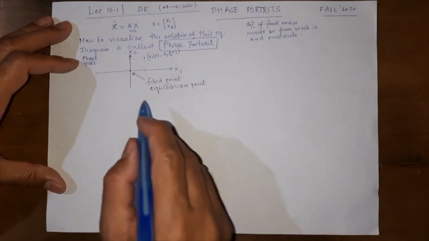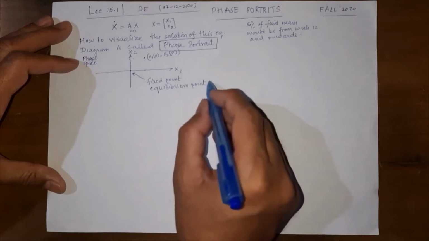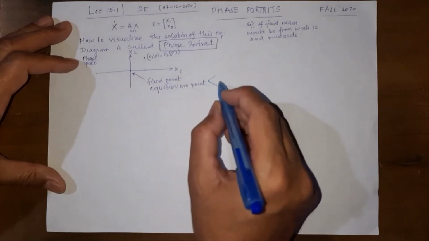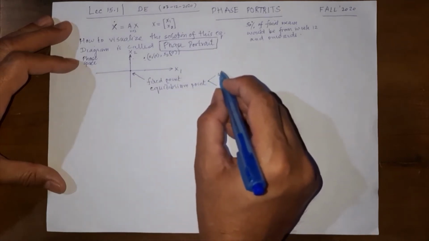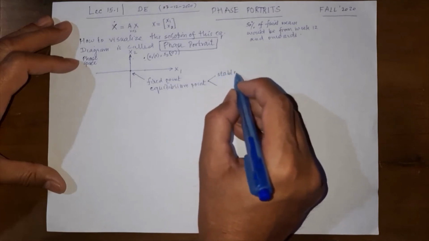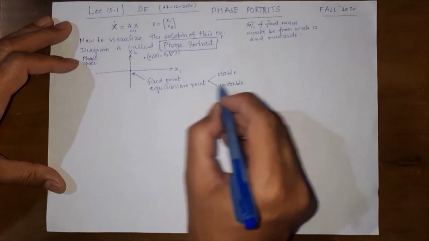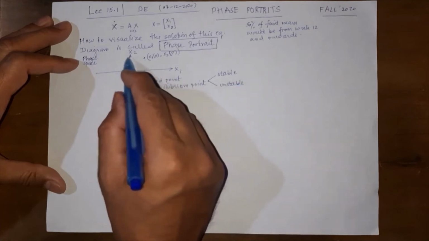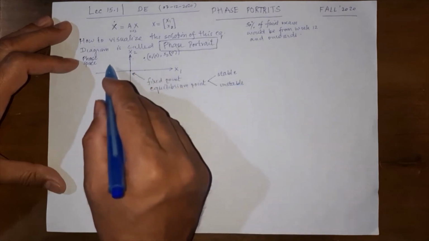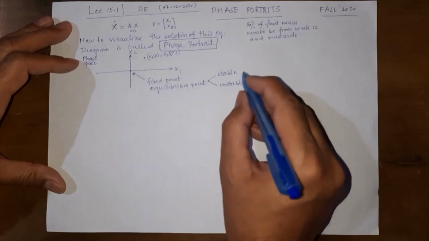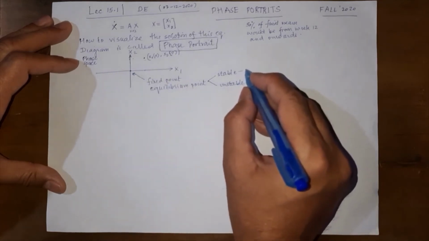So an equilibrium point has basically two possibilities: either it is a stable point or an unstable point. When the nearby initial conditions are pulled toward this fixed point, we say it is a stable equilibrium point or fixed point.